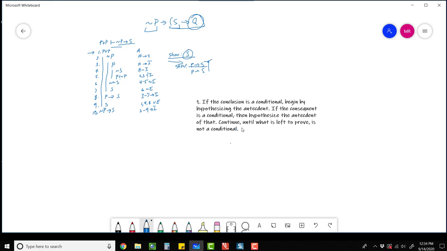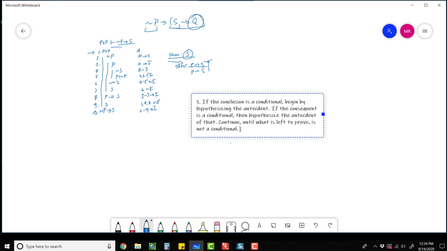The next thing you have to remember is to check to see if one of your assumptions or even one of the hypotheses you just made is a disjunction. If so, you're going to want to start by immediately doing disjunction elimination and constructing the conditionals that you may need for that.